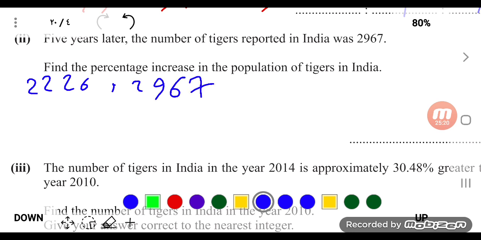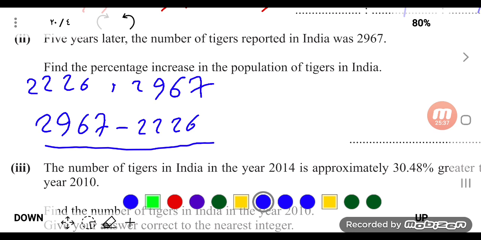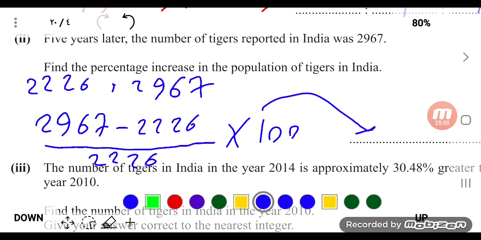Here you do difference over original to find percentage increase or decrease. You can do difference over original times 100. Difference means minus, so let's subtract 2967 minus 2226 over the original number, which is 2226, times 100. Then you write the answer in the answer space.